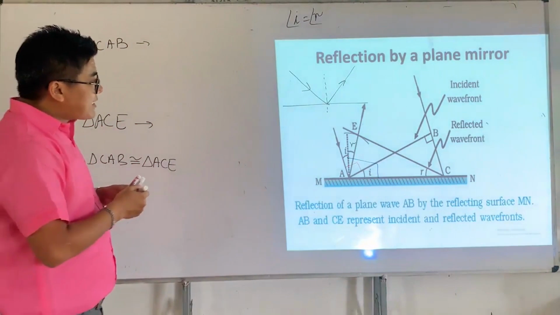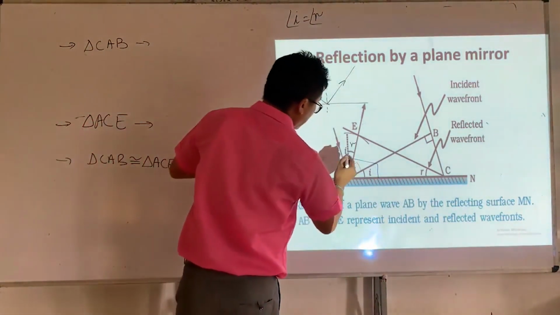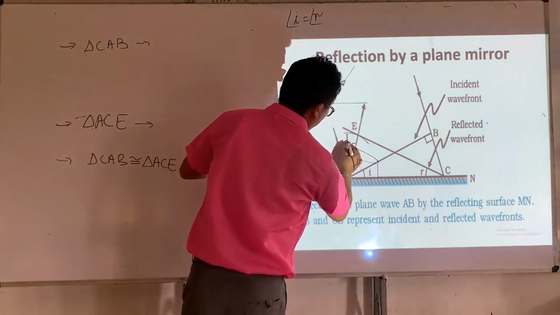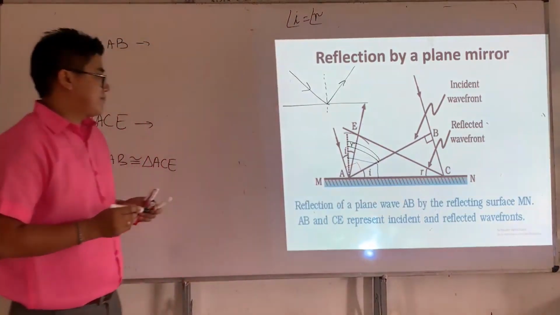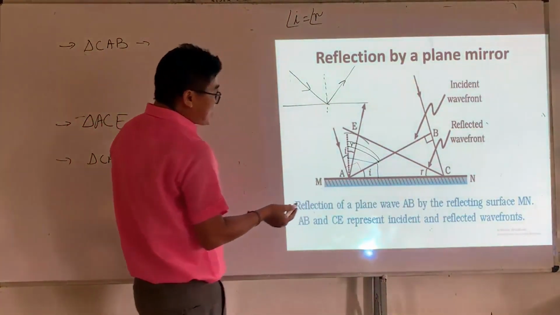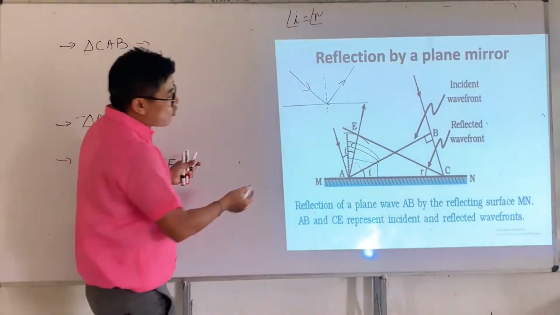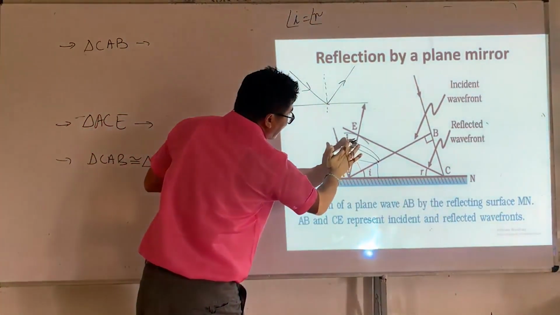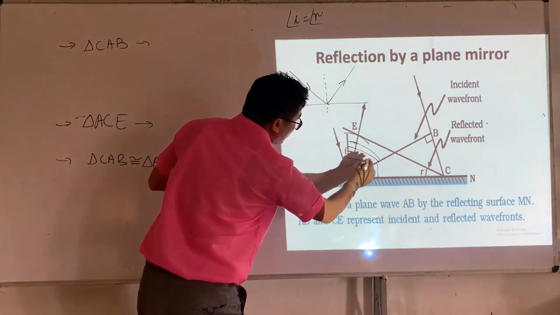So, what is the common? This is common to both right triangles.